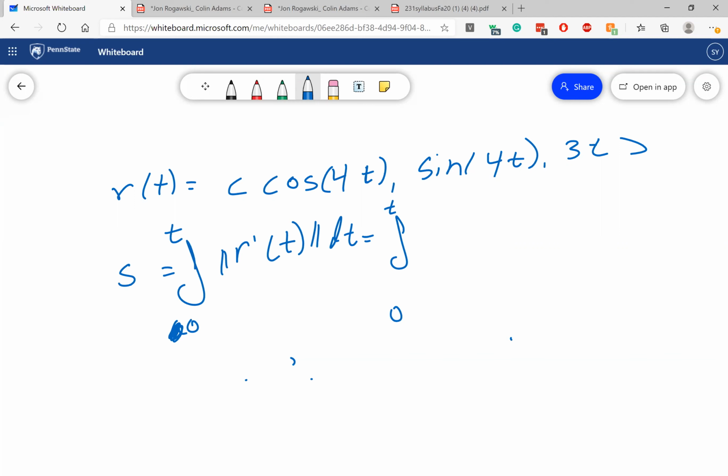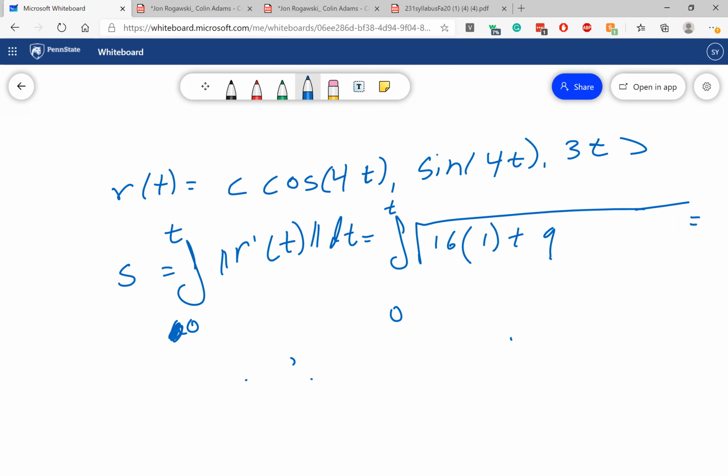So now we take the derivative and then square it. This is going to be the square root of, and I'm going to take out the 4 and square it at once, so that would be 16 times, and the derivative of this would be negative sine squared, and this would be cosine squared, so it would be 1 as usual, plus the derivative of the last component, 3 squared, which is 9.